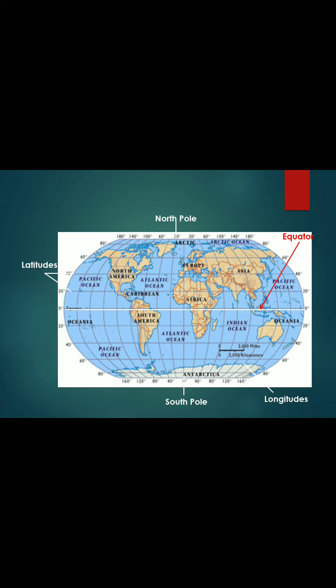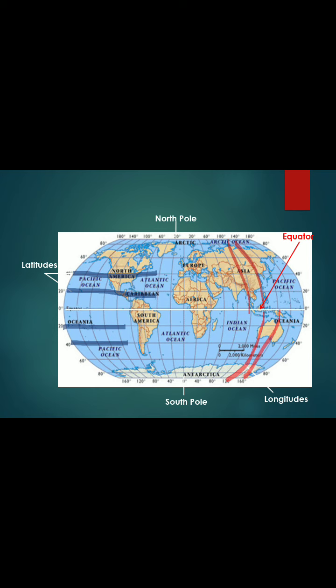So these are the longitudes, these lines, right? And these lines are the latitudes. Like we have here, so we have the longitudes here also, right?